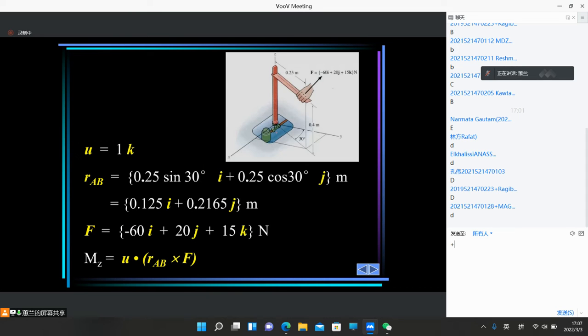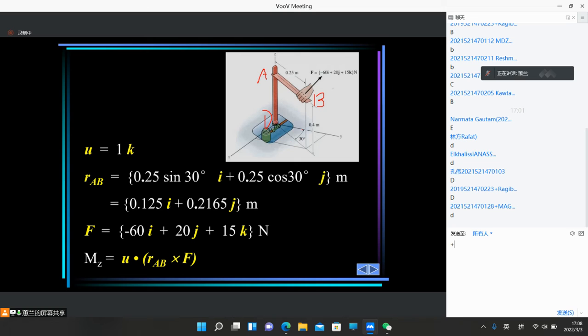The RAB, you see, this is A, this is B. Just as I said, you can calculate the moment of F about point O, the origin. It will result in the same solution. You can check it. But here we just choose a much simpler position vector RAB.